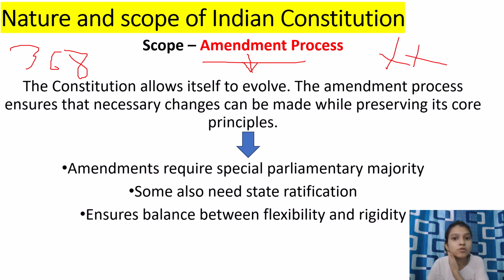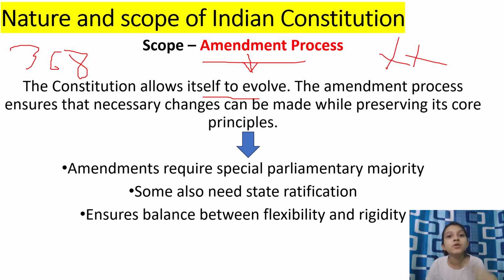The constitution allows itself to evolve. As I said, the Indian constitution is a very old document. It was adopted long back. But what if we don't want to change with changing time? What if we still stick to the constitution that was made decades ago? If we don't accept new changes, we will always be lagging behind.